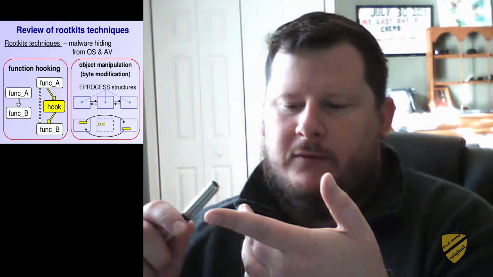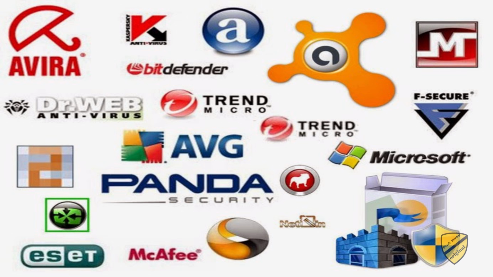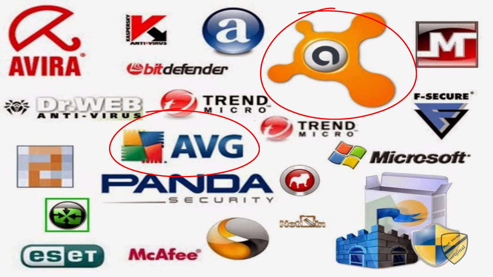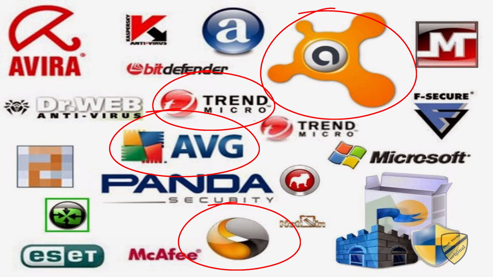And so for our viruses, we have antivirus. Some free options are something like Avast or AVG. Some paid options are something like Symantec or Trend Micro, which is what the college uses, or McAfee, right? So those are some antivirus.